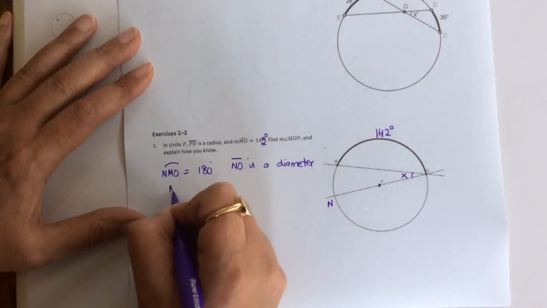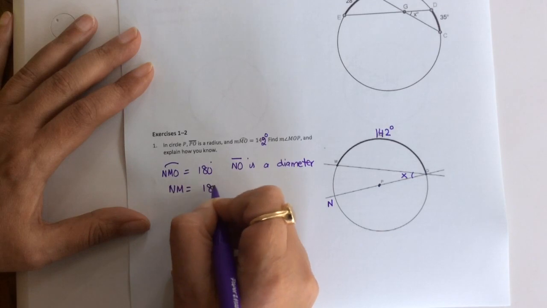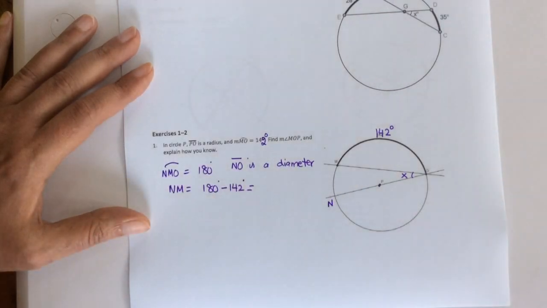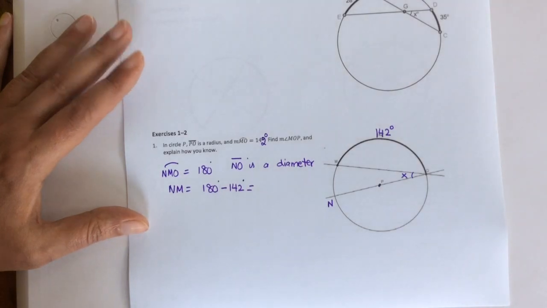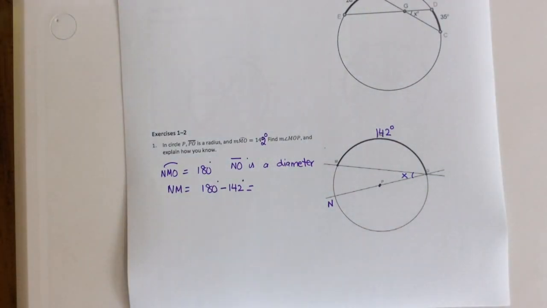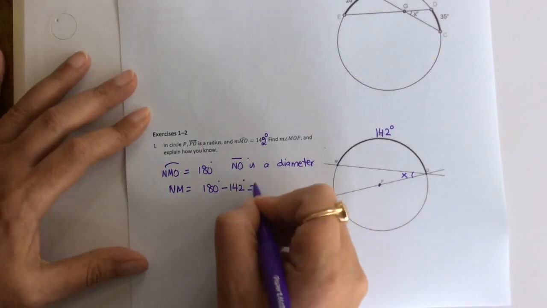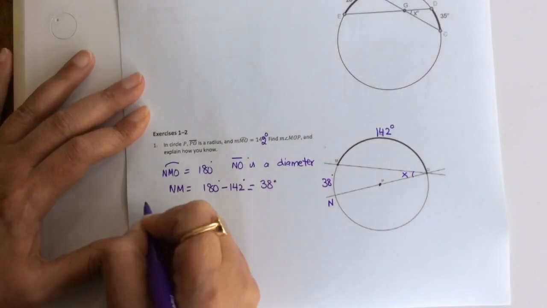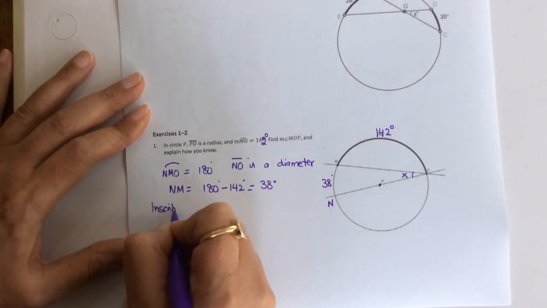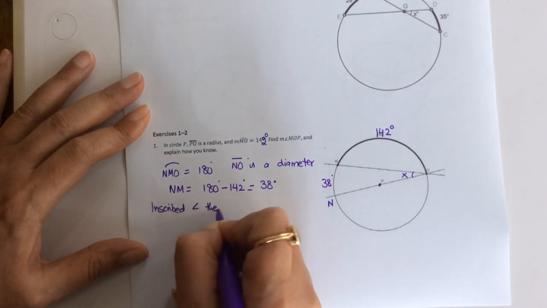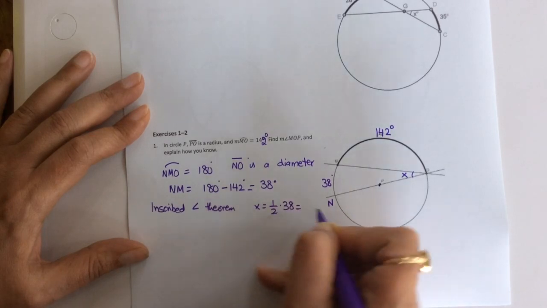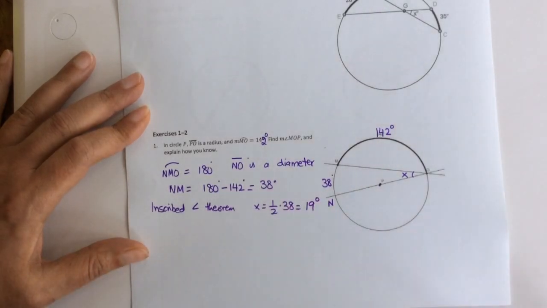So NM is going to be 180 minus 142. That is going to give me 38 degrees. So if this arc is 38 degrees, using the inscribed angle theorem, I know that X is 1/2 of 38, which is 19 degrees.